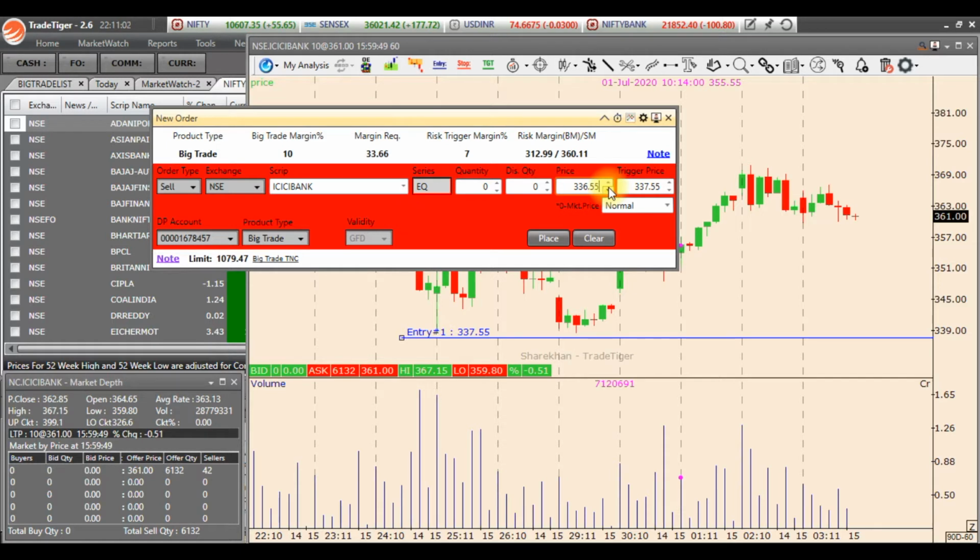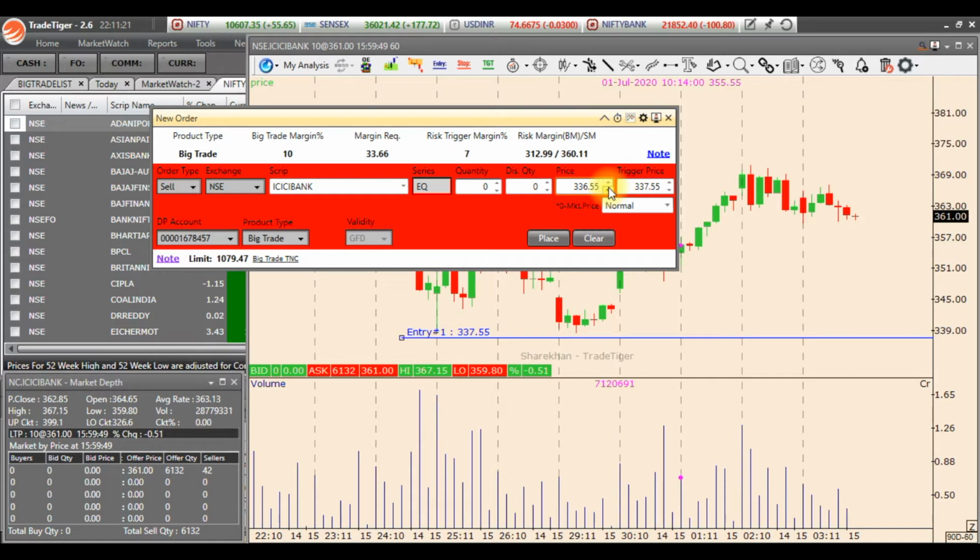Okay, you're giving a 1 rupee buffer. The moment price hits the trigger price, automatically your order will get executed at the best available price between 336.55 and 337.55.